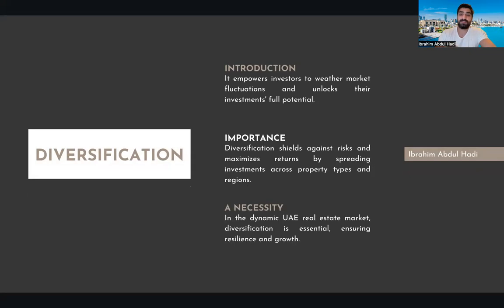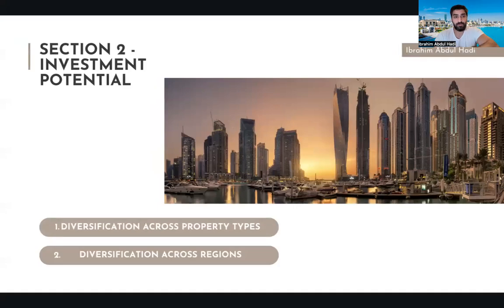Second, its importance is that it gives you a shield against risk and maximizes return by spreading investment across different types of property. And in the dynamic UAE real estate market, diversification ensures your resilience and growth.